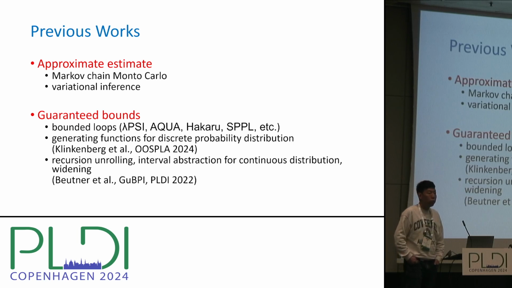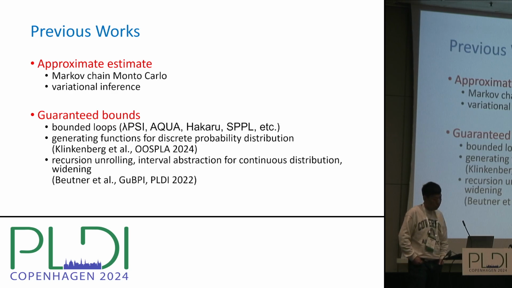We can unroll the loops to obtain the whole behavior of the loop, which has been implemented in various programming languages. There are also several works to address this guaranteed bound problem over unbounded loops, such as one can use the generating function method to solve unbounded loops with discrete probability distributions.